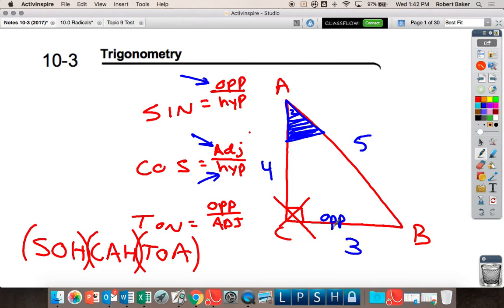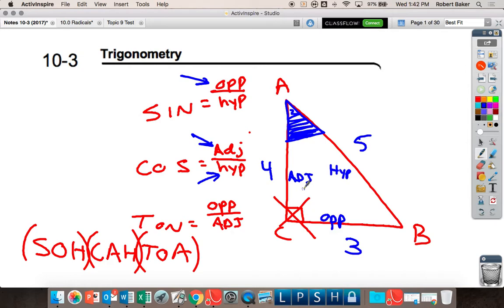Which side is adjacent to A? That's the one that everybody hates. The adjacent side. So if you don't know what adjacent is, which one's the hypotenuse? The 5 is the hypotenuse, right? Well, if this is opposite and this is hypotenuse, what does that one have to be? Adjacent.